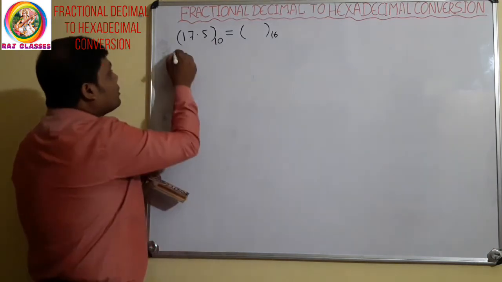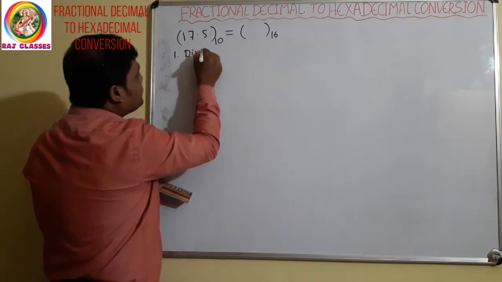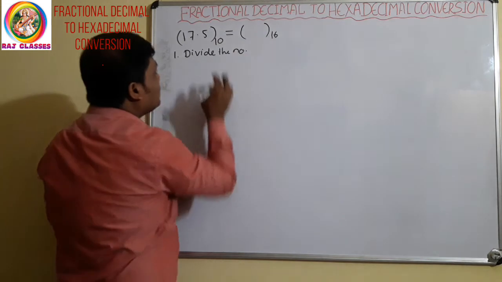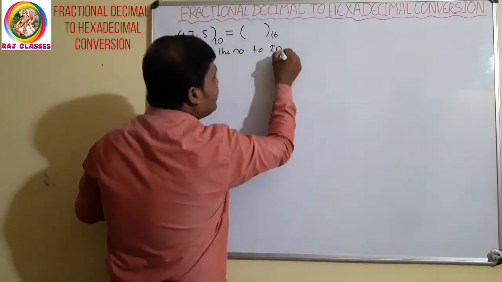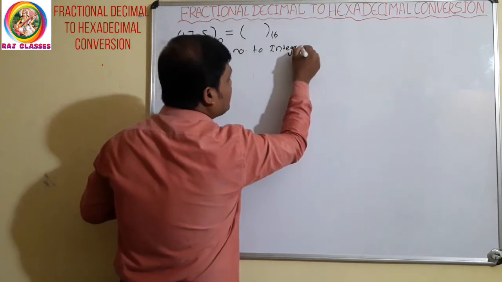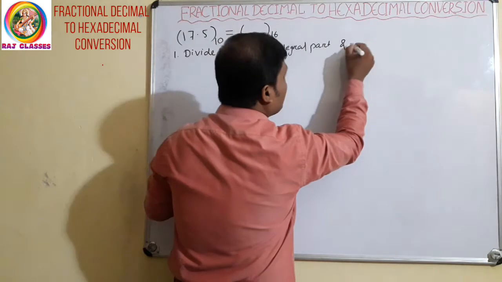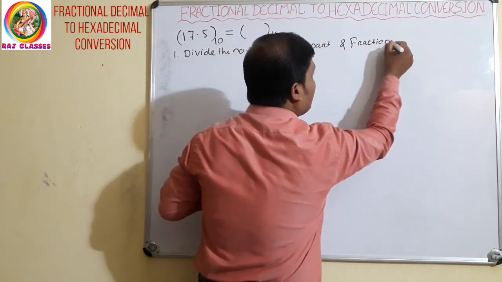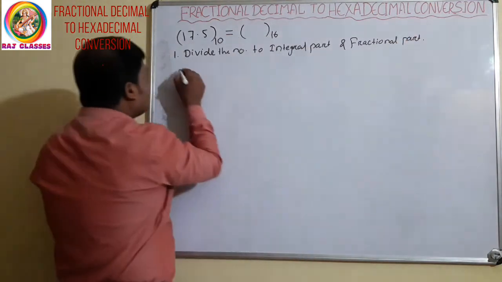Now see, just remember, divide the number, this decimal number, into integral part and fractional part. Clear?